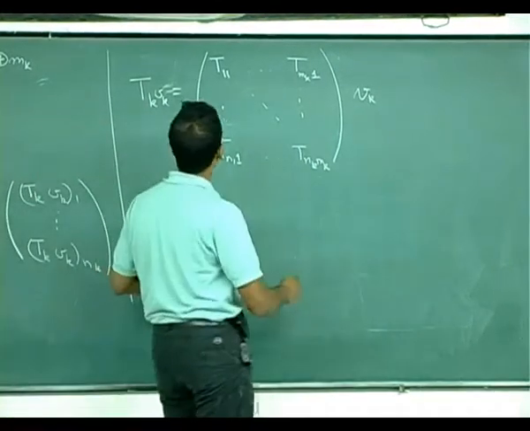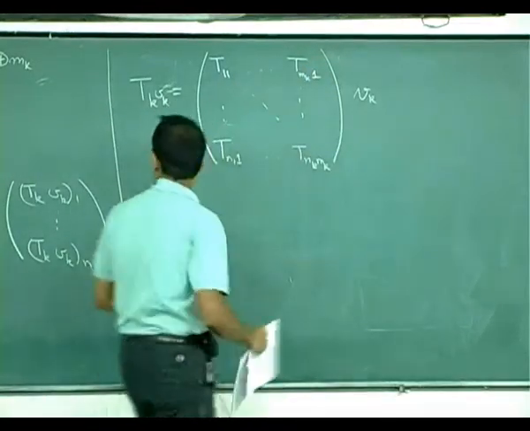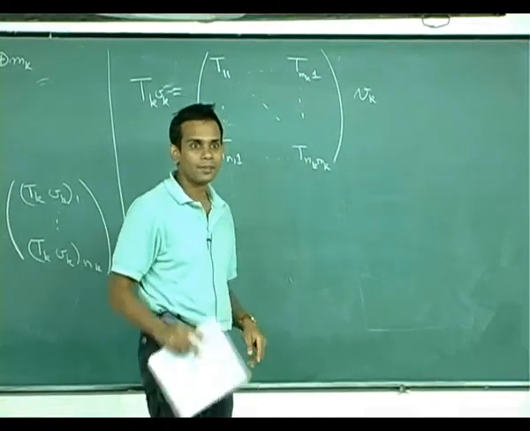So if you want to understand how this works, you expand this out as a column vector, you do matrix multiplication, and the answer is the column vector Tv. Okay?